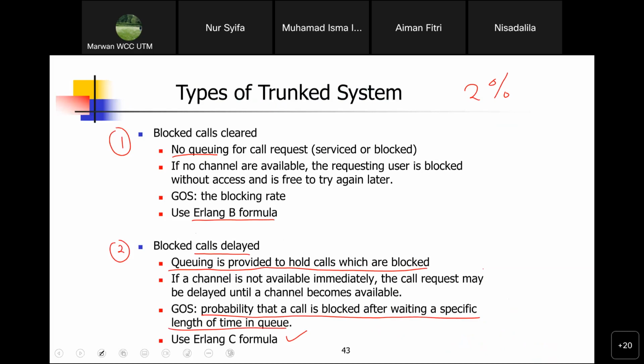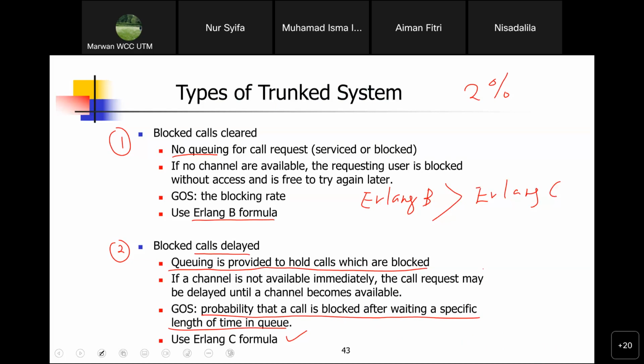Okay, so based on that, of course, if you are asking the user to wait, you are putting more resources towards it. So it was found that definitely Erlang B will have a bigger number of subscribers compared to the Erlang C system.